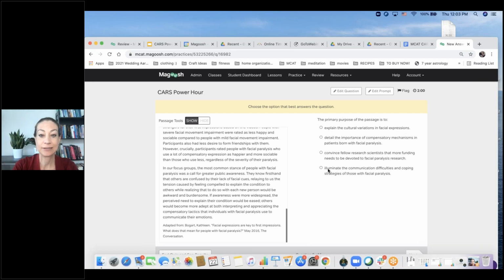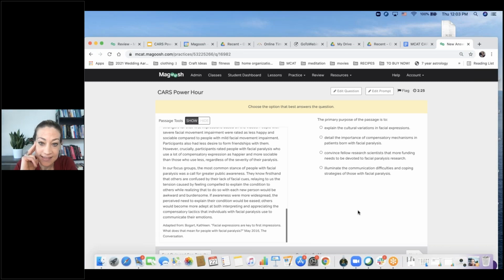And when we do that, we realize that illuminating the communication difficulties and coping strategies really hits the nail on the head a lot stronger than these others. The second most common answer is the second one: detail the importance of compensatory mechanisms in patients born with facial paralysis.